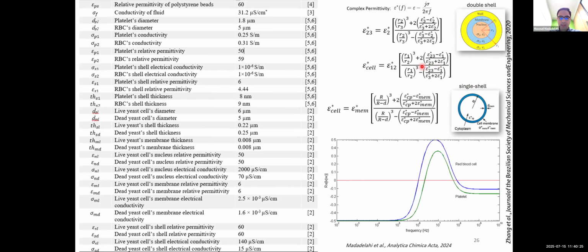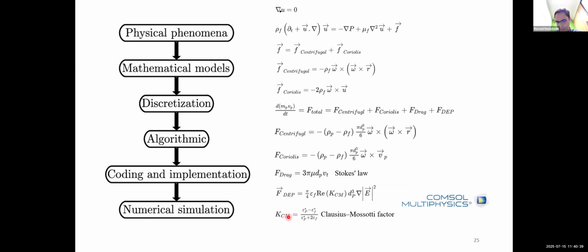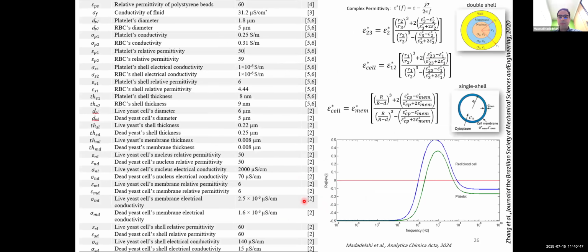In our following slides for yeast particles, we have used double shell model, in which we use these 2 equations to calculate epsilon, and then we use that epsilon here, right, to calculate this KCM, and then we use the real part of that here to calculate the DEP force. And for red blood cell and platelets, we use single shell model using this equation.